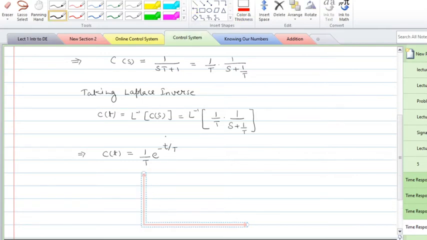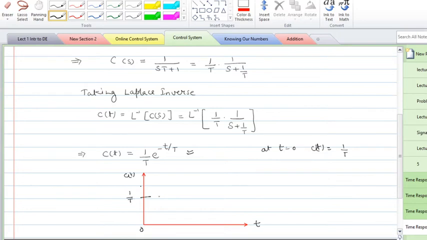If we put different values of t in this function starting from 0, then C of T at t equals 0 will be equal to 1 by T. Let us suppose this is your 1 by T.